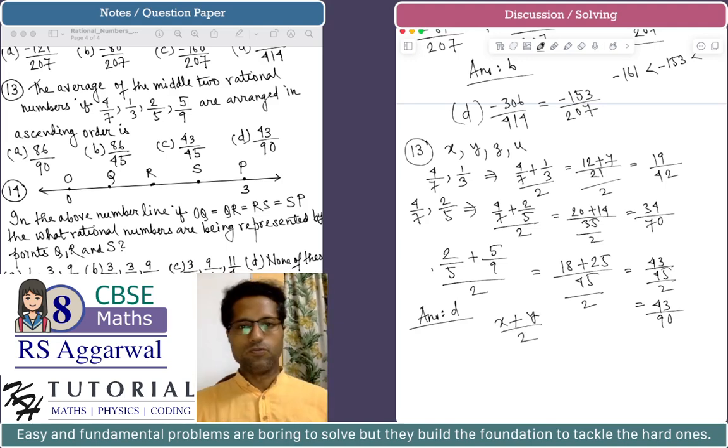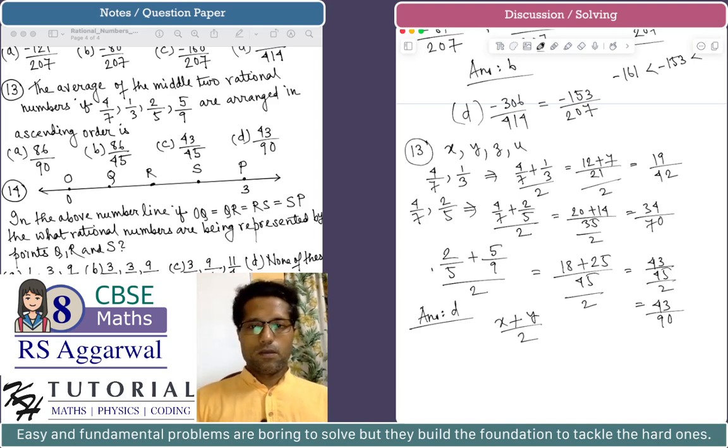Now you have to judiciously, wisely check which two terms you can select whose average has a denominator of 45 or 90. So in this way you can wisely select the two terms and check.